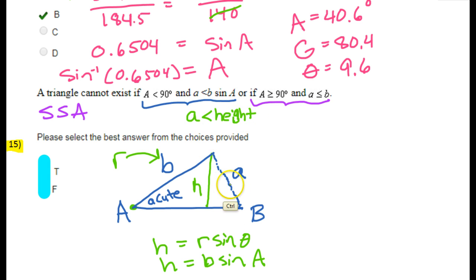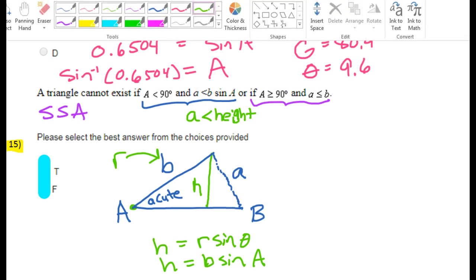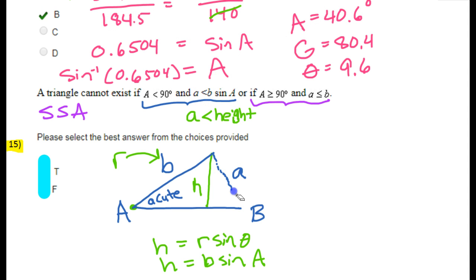If the rope is less than the height, then it will not reach the ground. That means no triangles. Zero triangles. So far that matches what the statement is saying: a triangle cannot exist in this situation. So far it's true.